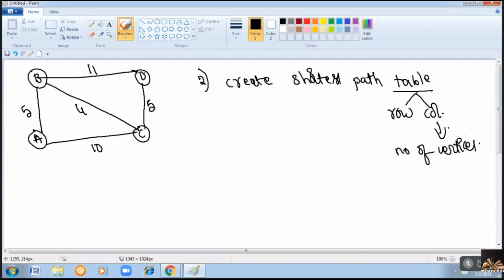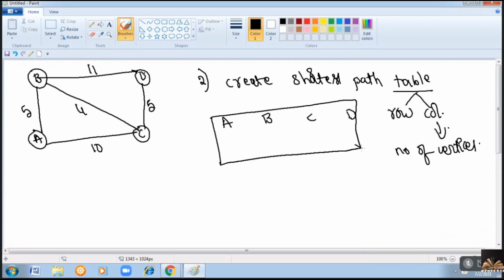What are the vertices you have? 4 vertices, so there will be 4 columns in your table: A, B, C, D. So this is the table. The rows will be increased step by step. So first let me draw the columns.